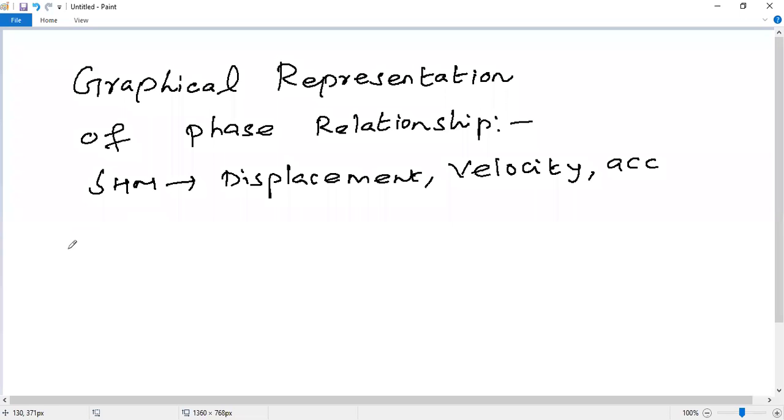First, I consider when the particle is initially at the mean position.